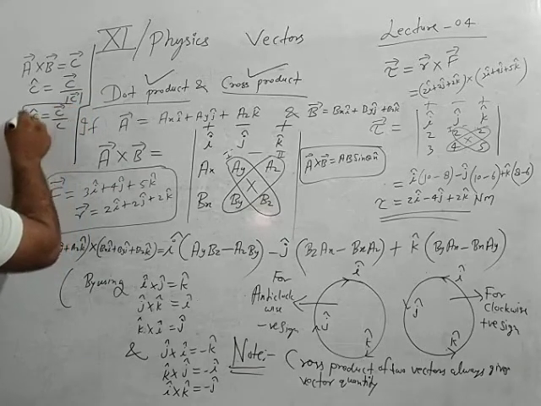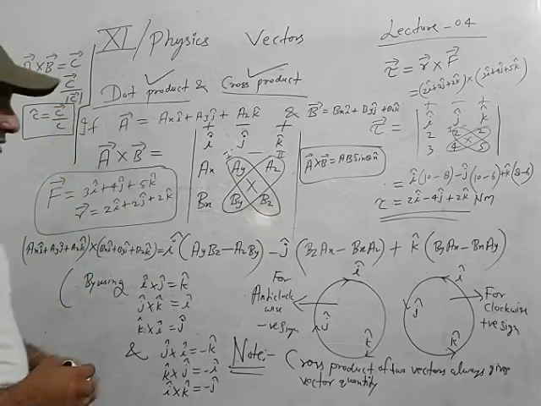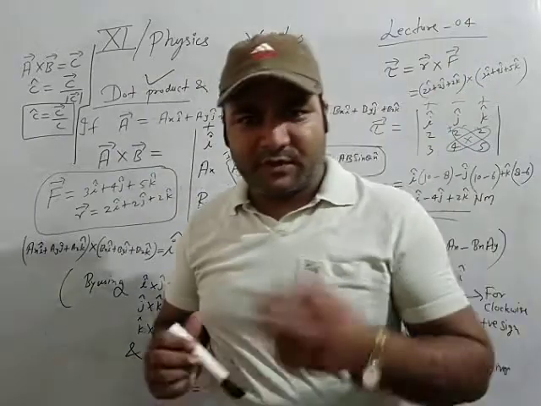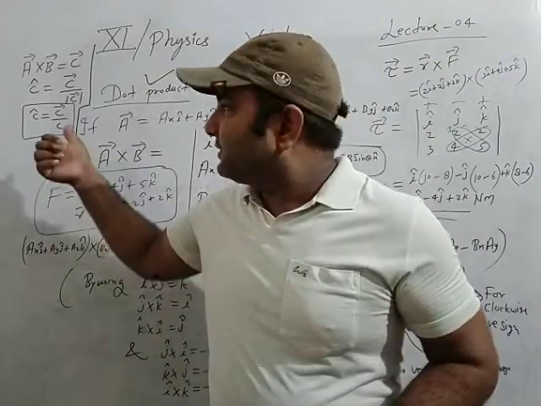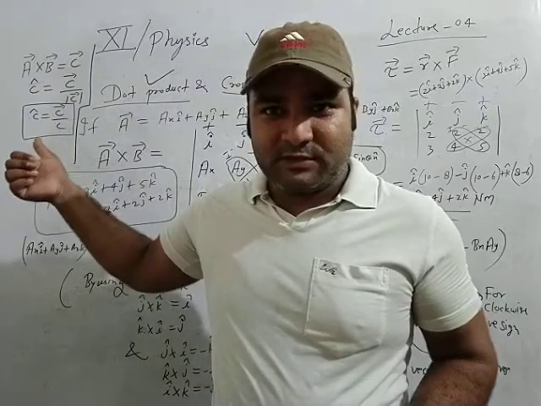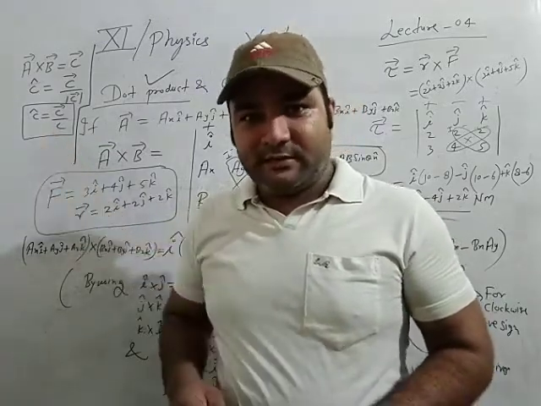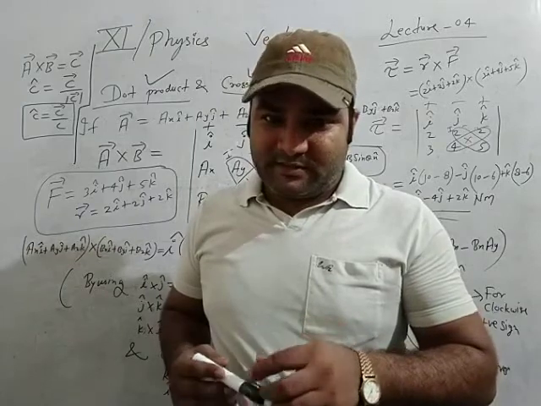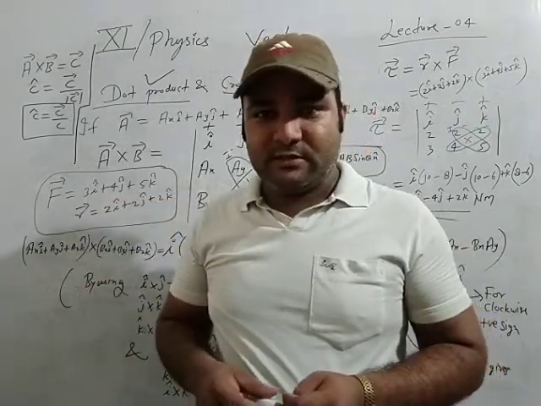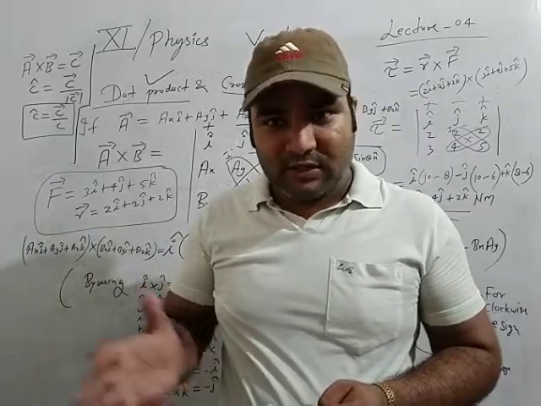In this way you can solve numericals based on calculation of the unit vector of the cross product of two vectors. Whenever the unit vector is clear, the direction of the vector obtained by the cross product will be clear, and that is estimated by the corkscrew rule, or you can say the right hand thumb rule.